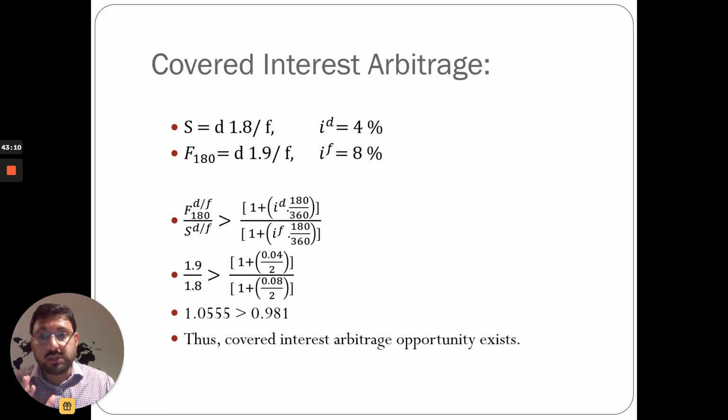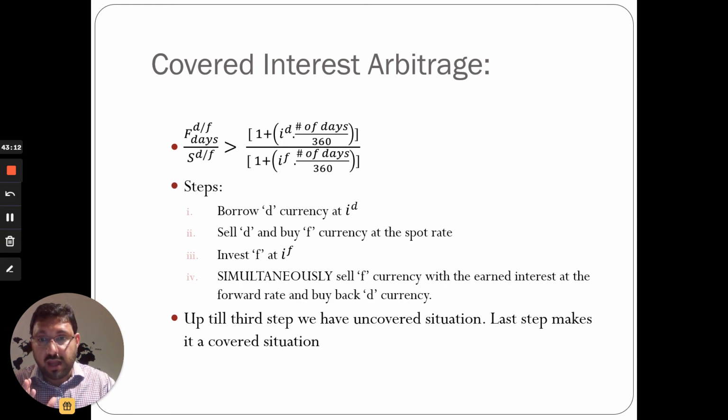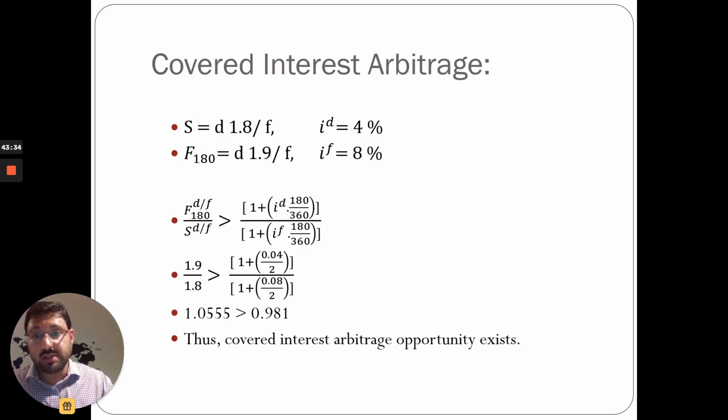But if you do not do this fourth step, you will be in an uncovered arbitrage situation. Even though it's arbitrage, there can practically be a loss as well. The loss happens if your asset currency, the F currency, depreciates, so fewer domestic units are needed to buy 1 unit of the foreign currency.